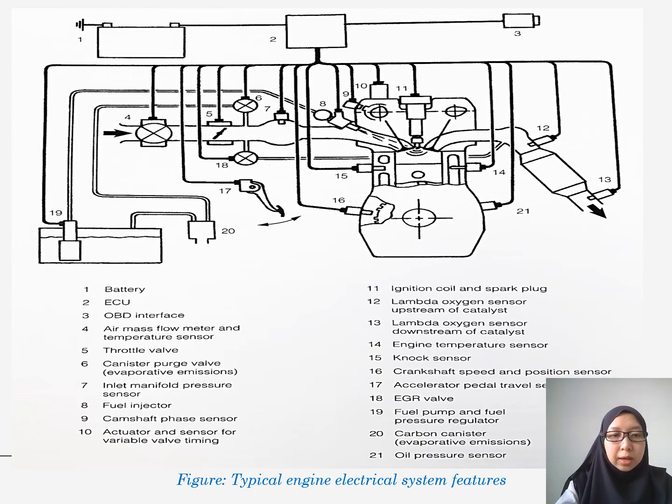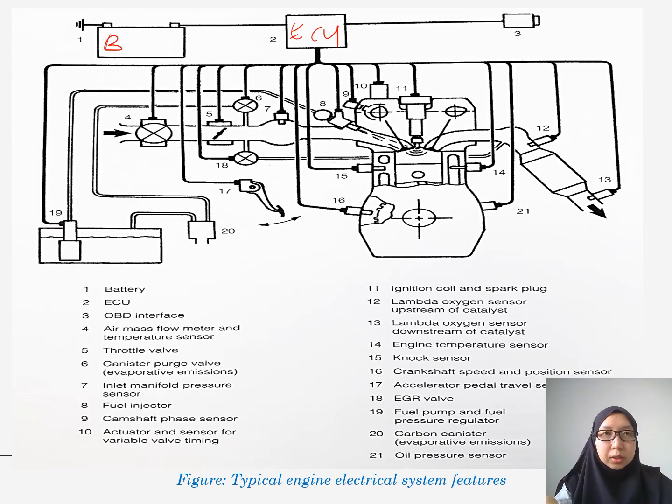We have the battery over here, and then we have this ECU. ECU is the electronic control unit. If you can see here, this ECU is connected to so many systems.